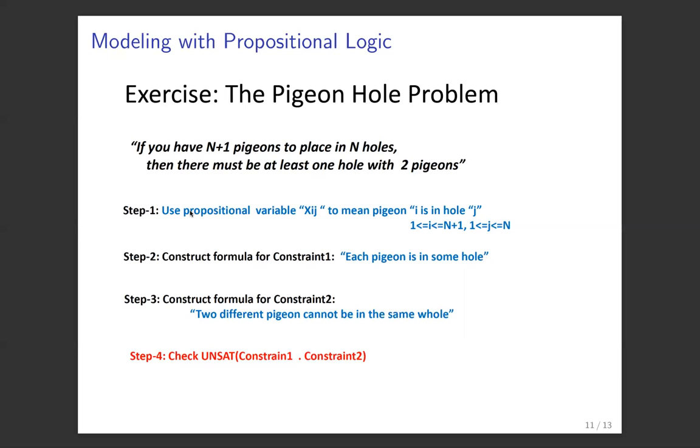I keep using the word SMT. By the way, SAT stands for Boolean satisfiability. SMT is kind of an extension of SAT solvers to quantifier-free and even first-order formulas. SMT stands for satisfiability modulo theories, okay?